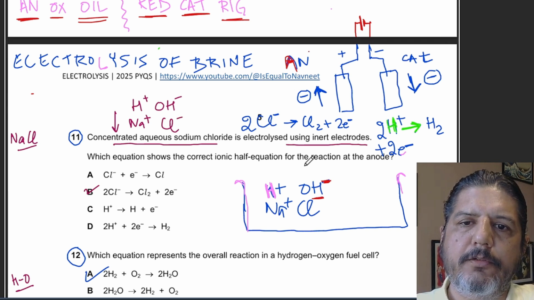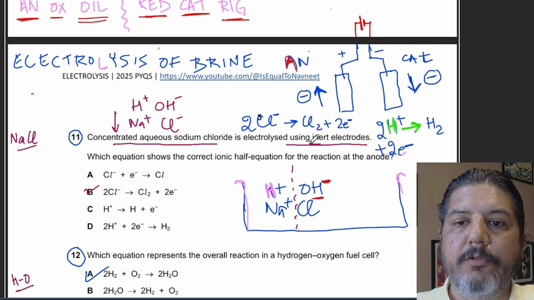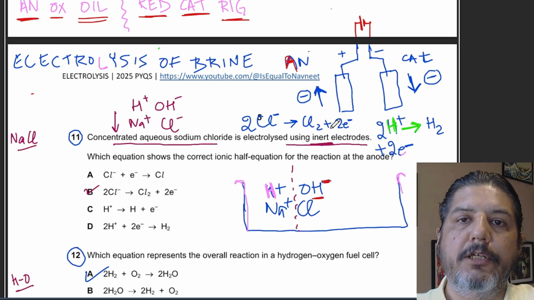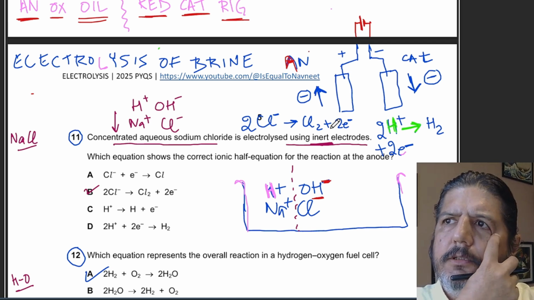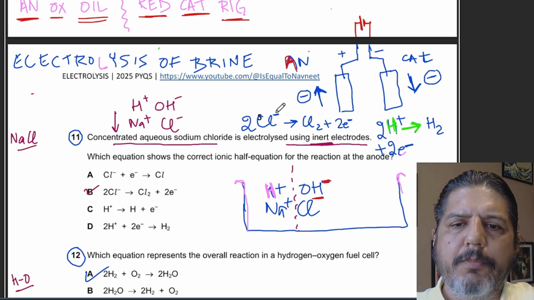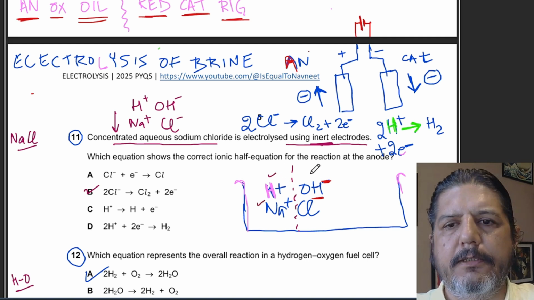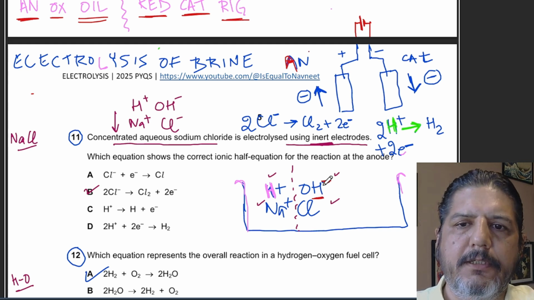So these are the electrodes that we will be having. The second important thing that we need to understand is that we are using inert electrodes. Because we are using inert electrodes, they won't have much role to play. So the competition will be between H plus and Na plus to get discharged, and the competition will be between OH negative and Cl negative to get discharged.